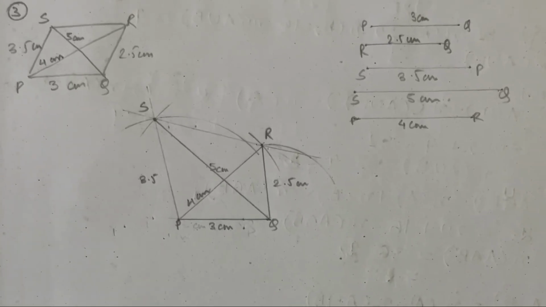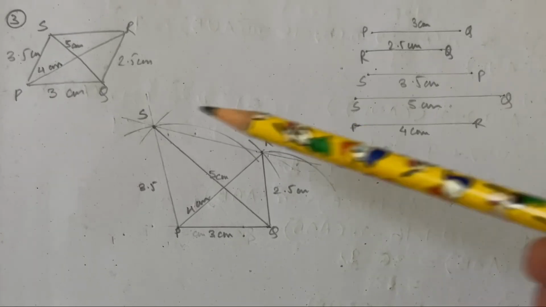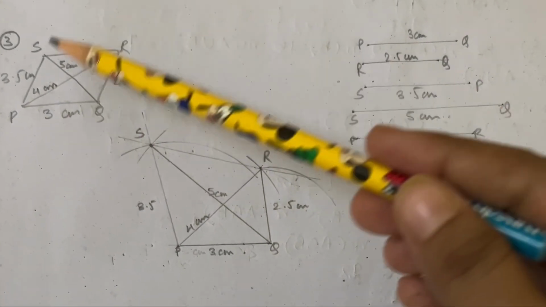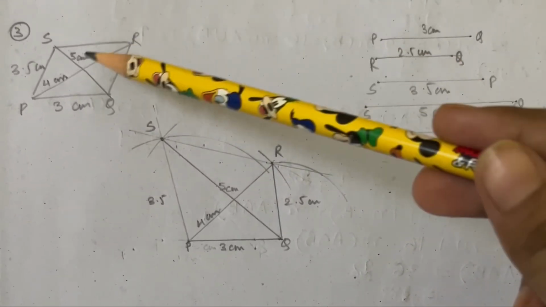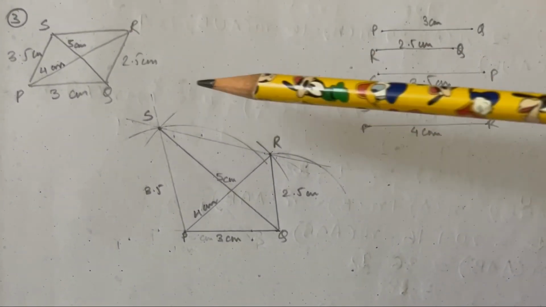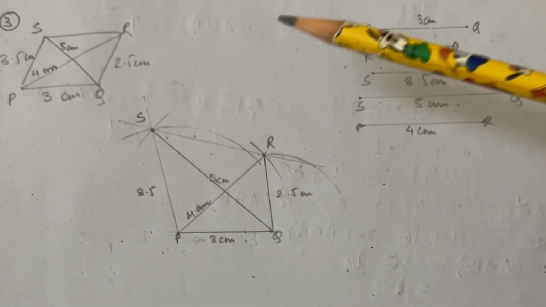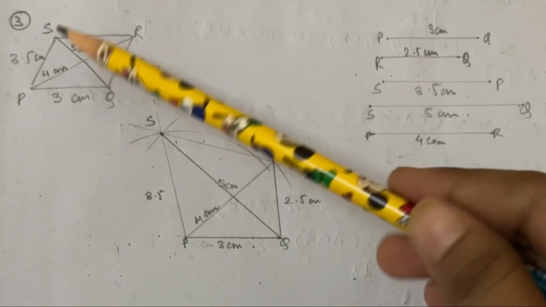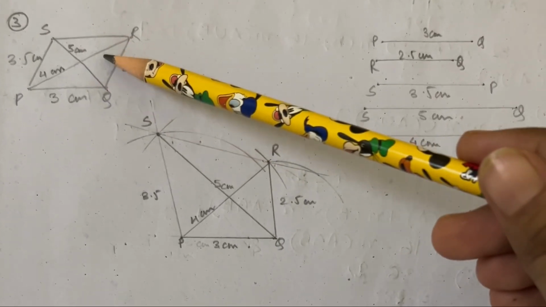Now carefully look at sum number 3. We have already drawn a rough diagram and we see that RS is not given. When it is not given, we are not going to think too much about it. The diagonals are given as PR 4 centimeter and SQ 5 centimeter.